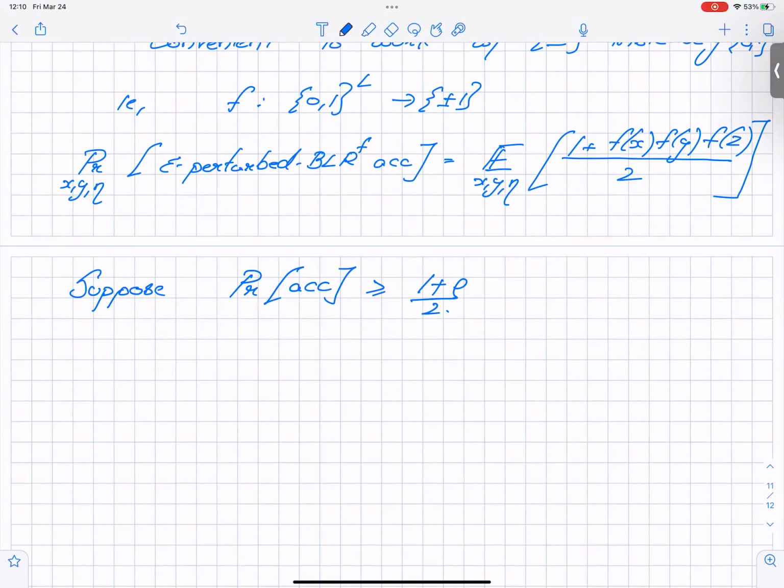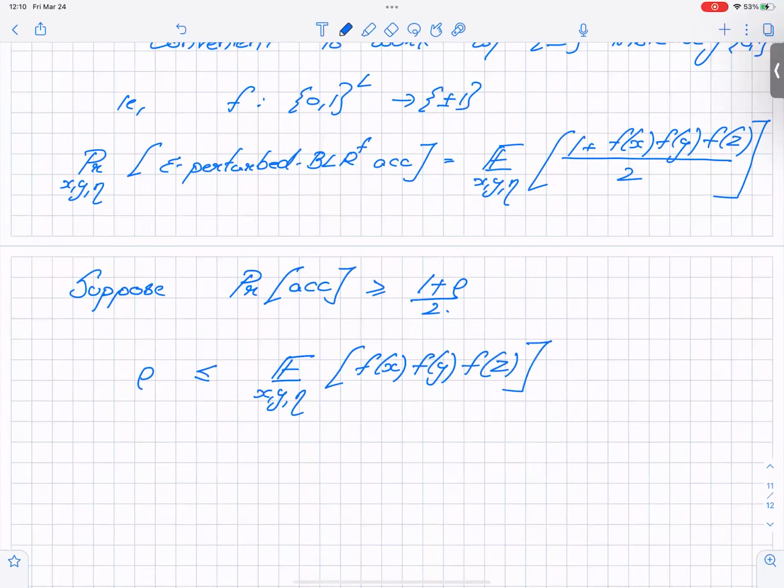That means rho is... now let's go to our Fourier analysis.